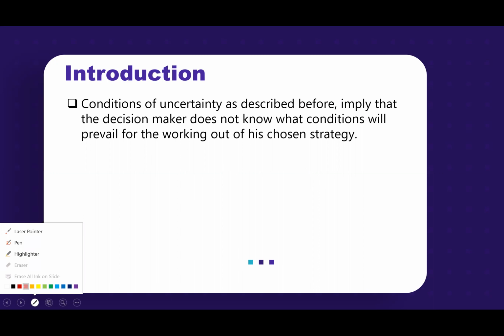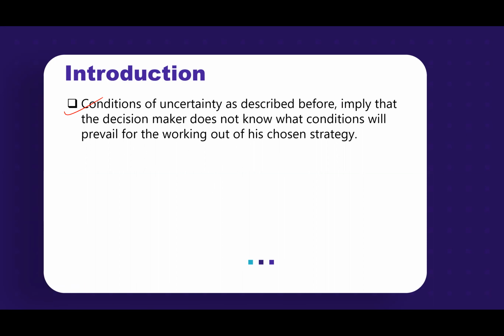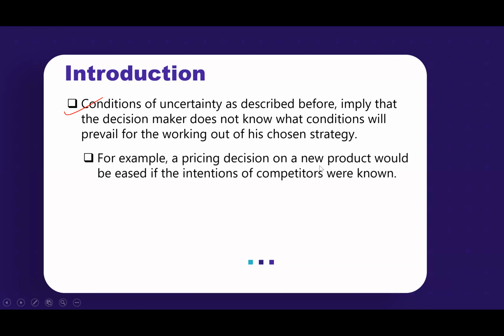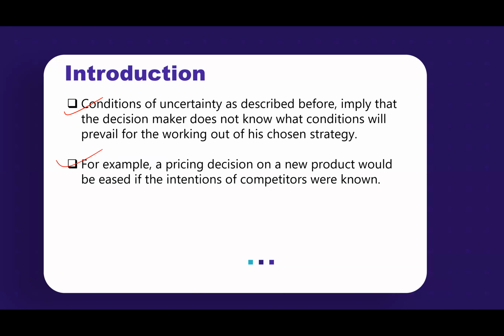The conditions that are going to prevail, you do not have any information. And you continue by saying that, for example, it could be a pricing decision of a new product. You have manufactured a new product and you are pricing. You're going through the pricing decision.